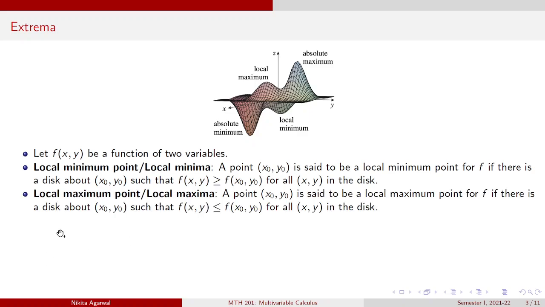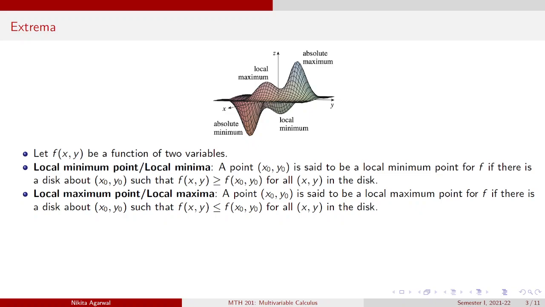Similarly, you can define a local maximum point, and you say that a point (x0, y0) is a local maximum point for f if there is a disk about (x0, y0) such that f(x,y) is less than or equal to f(x0, y0) for all (x,y) in the disk, which means that f takes values smaller than the value of the function at the given point.